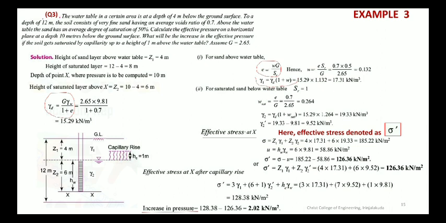So it is occurring along the whole length. Okay. So if that capillary rise is happening, what is the effect in the stress at the same layer XX? So how to find out that? So if capillary rise is occurring above the water table and the height is given as 1 meter.